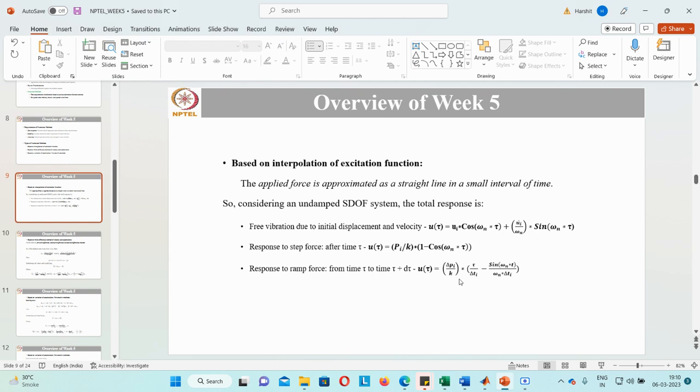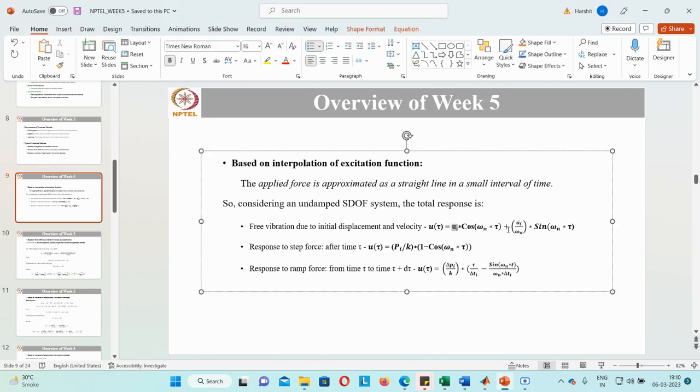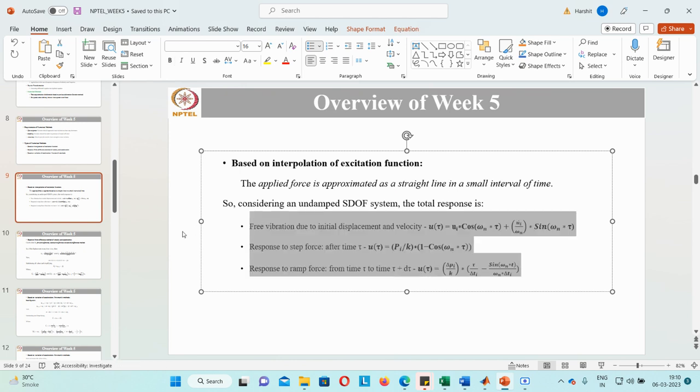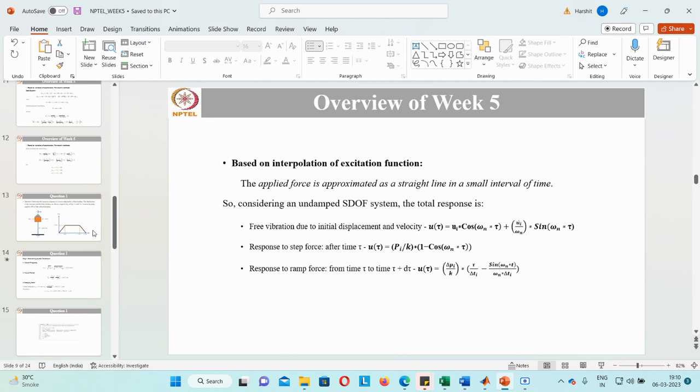After defining all three responses like we did in the two questions today, you can calculate the response at a particular time, and for the next time period you can calculate the initial ui and vi conditions based on the previous response and calculate the response for that time, and then you can plot the function. So this is something you can do on your own. In the next class I will show you the solution of this question.